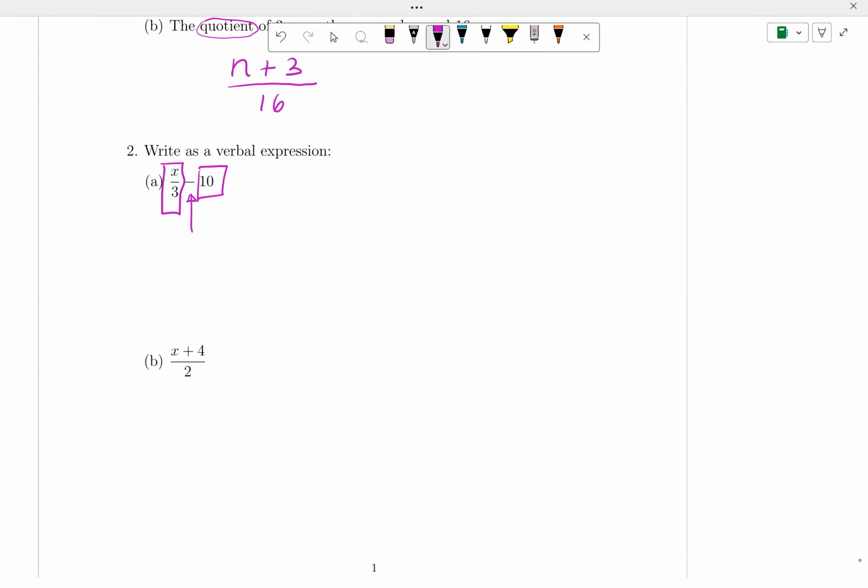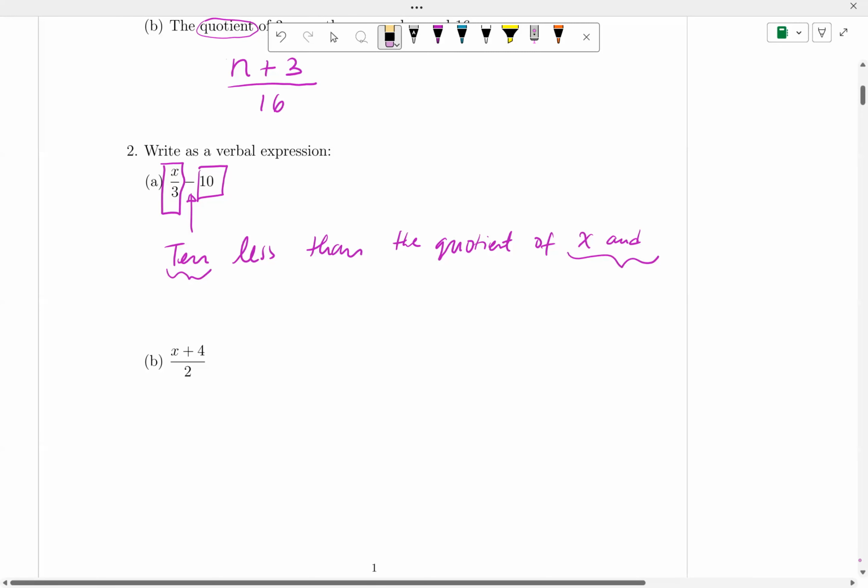So we can say this as 10 less than the quotient of x and 3. So again, x and 3 is its own thing, and then 10's over here. So we should probably use words, not numbers. So change the 3 that I had as a number to actual words, three.